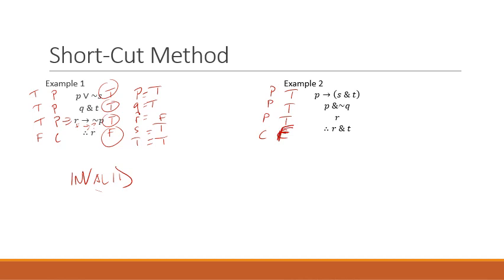Okay, so looking at these premises, I see that my third premise is R, and so the only way to make that true is for R to be true, and that's going to affect my conclusion here, right? So if R is true and my conclusion needs to be false, that means T needs to be false, and so there's that.